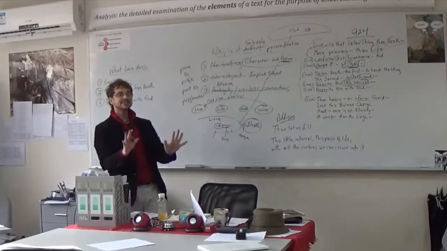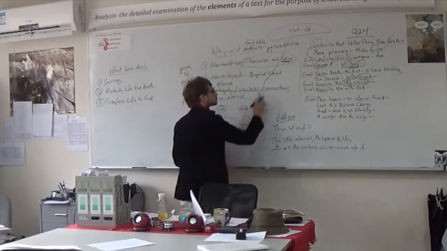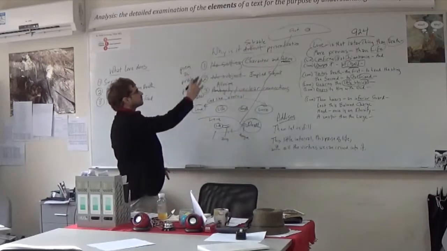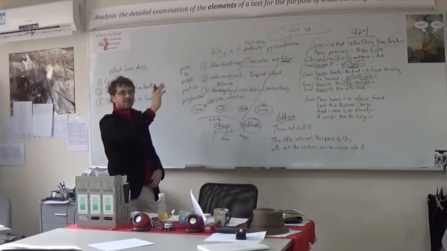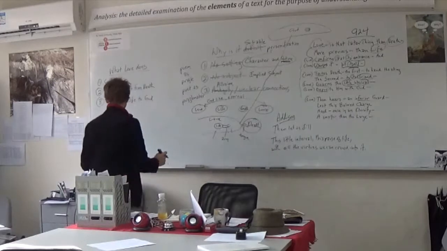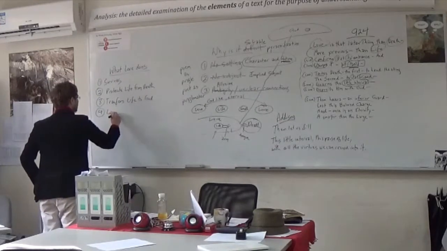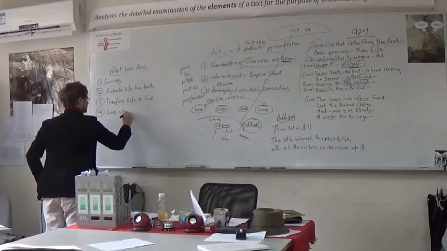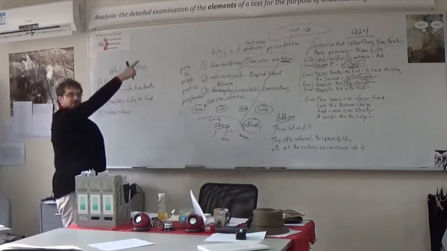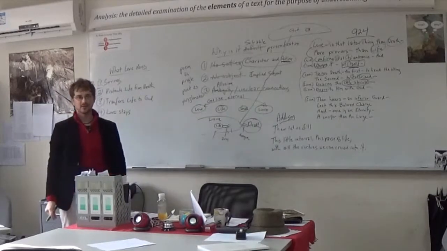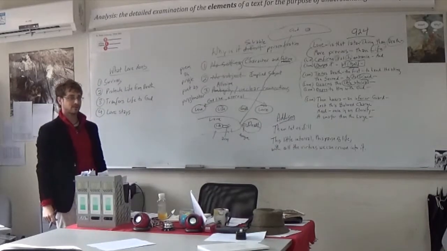Removes that necessity. So there's this transfer. Love transfers life to God. But, interesting, another thing that love does, love stays. Now, if life has been transferred up to God, why does love need to stay?